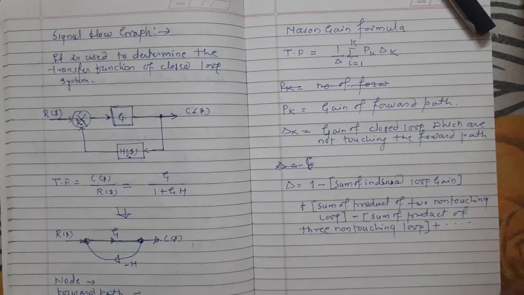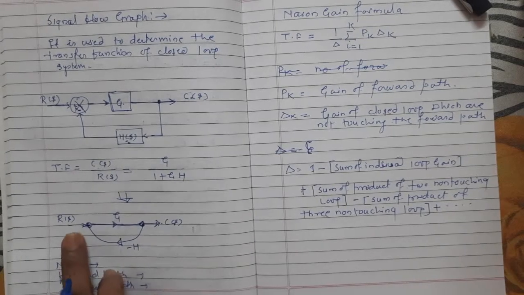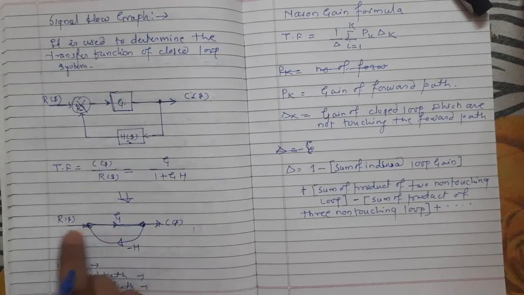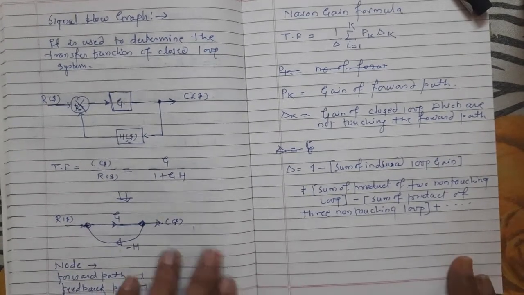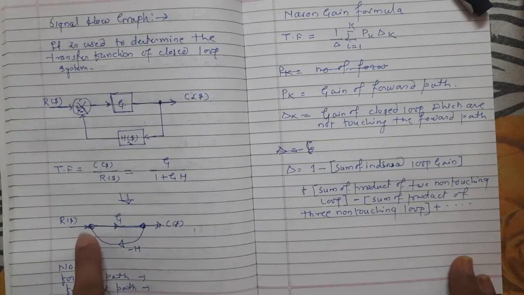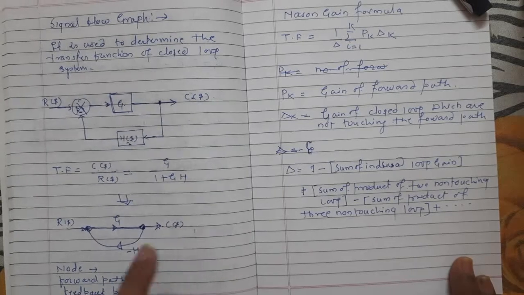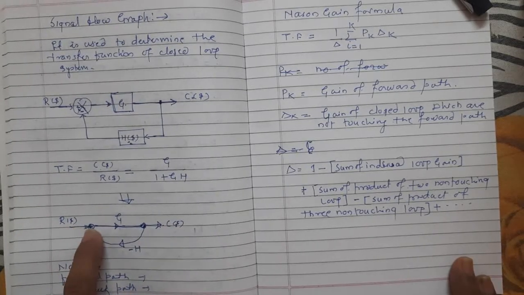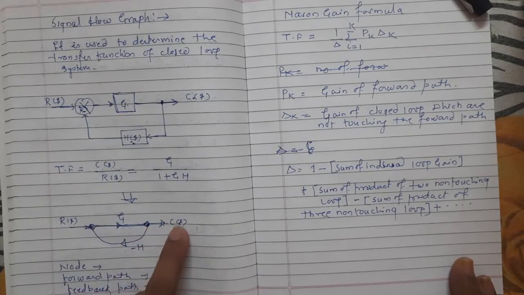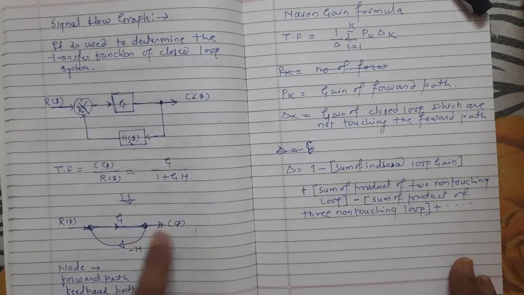Now see here, for this system the input is R of S and the output is C of S. First, find out how many forward paths are there. Forward paths means the path which is directed from input to output. This direction is towards input, then this direction is towards output. So that means this is your forward path.